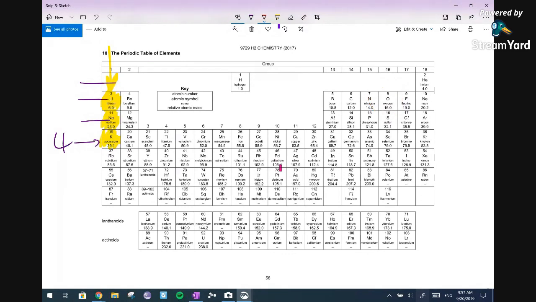Okay, harder one. What about gallium? Go. Yeah, look at that. Guys, well done, Shanley. Look at that. Everyone's got it.